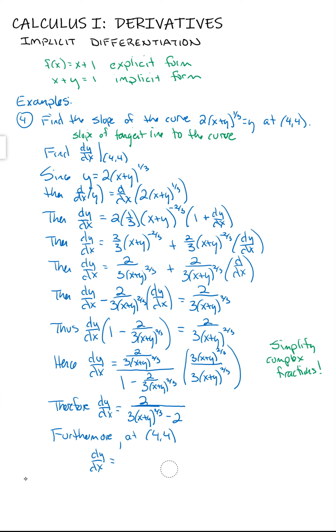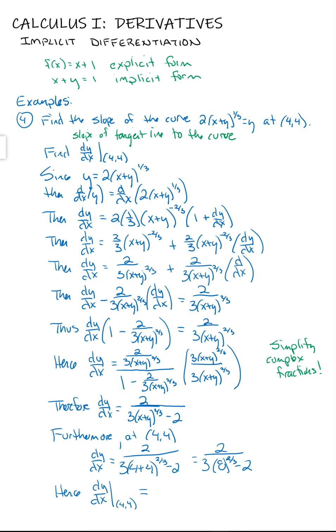So, dy/dx evaluated at the point (4, 4) ends up being, let's see, simplify that.